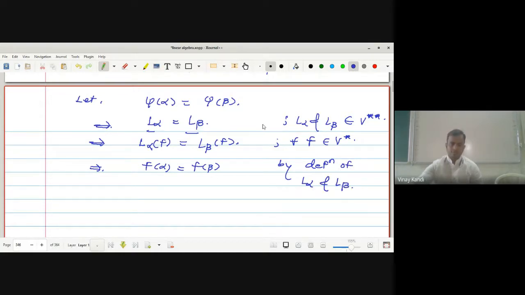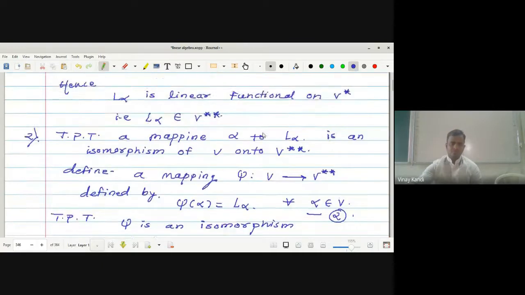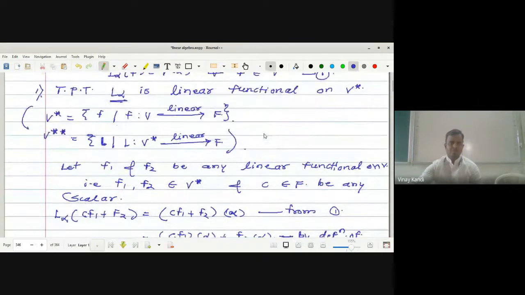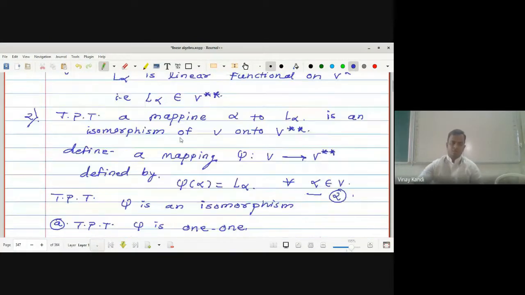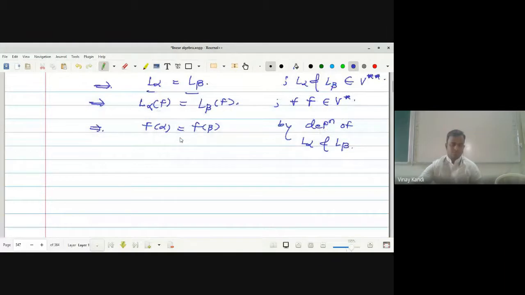Look here, how did we define L? L alpha of f is equal to f of alpha, and L beta of f is equal to f of beta. So this implies f of alpha minus f of beta is equal to 0.